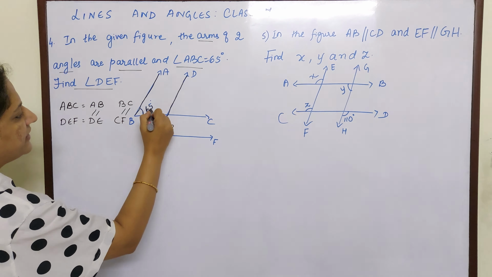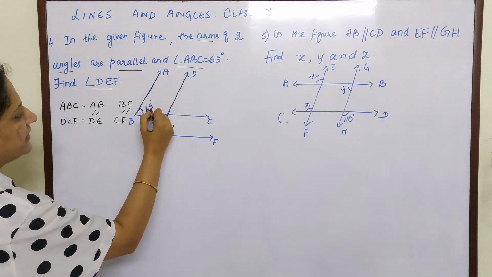Yes, this is also 65 degrees because they form the same pattern. Suppose this is the line, it is lying below this. Same way, below DE it is lying, and here BC is the transversal and both are lying on the upper side. Let me name this as G. So we can say angle DGC is equal to 65 degrees. Why? Because corresponding angles are equal.